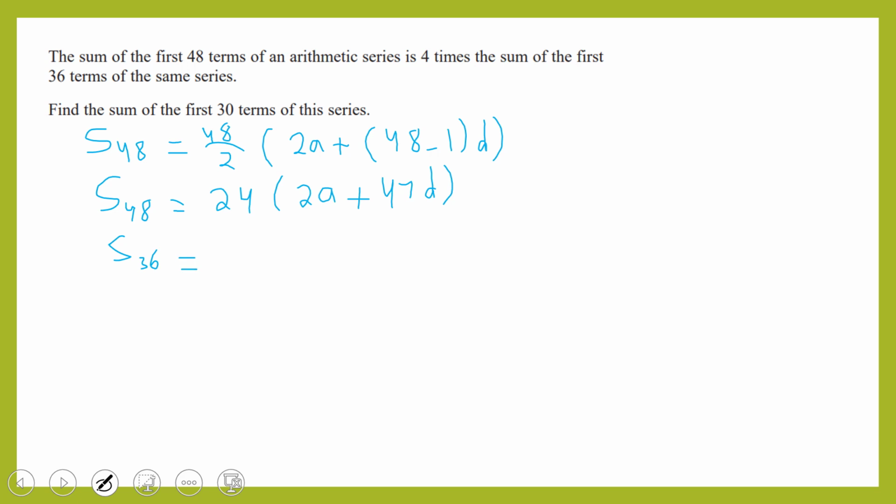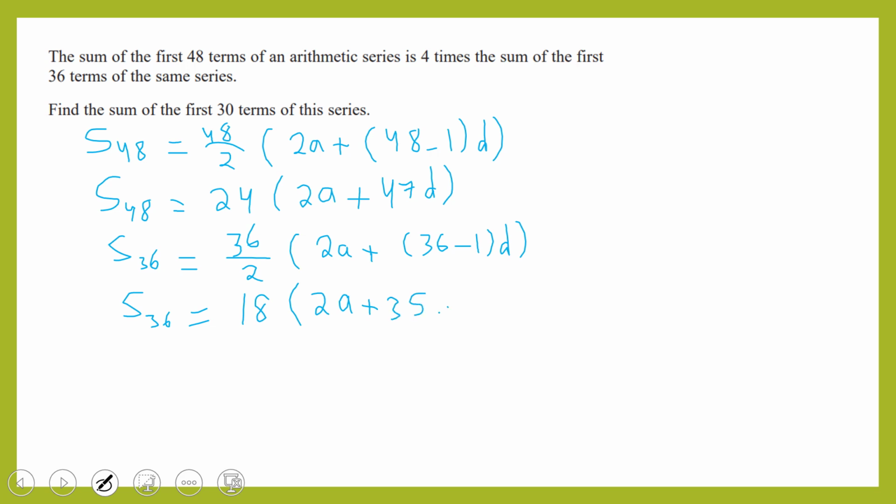S of 36 will be 36 over 2 multiplied by 2a plus 36 minus 1 d, so S36 equals 18 multiplied by 2a plus 35d. So we got now S36 and we got S48.